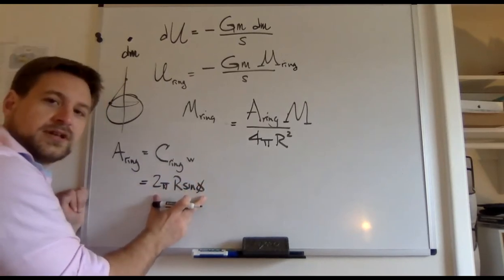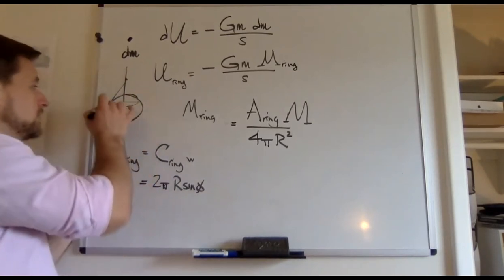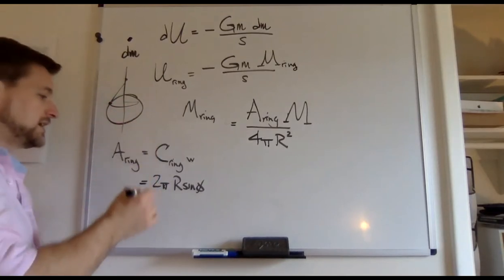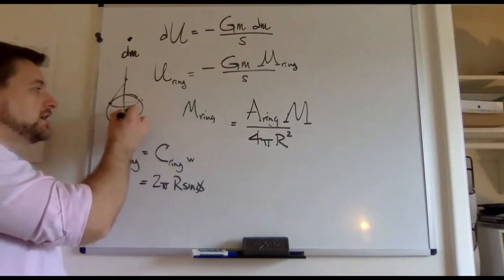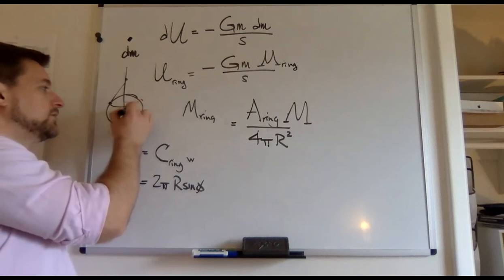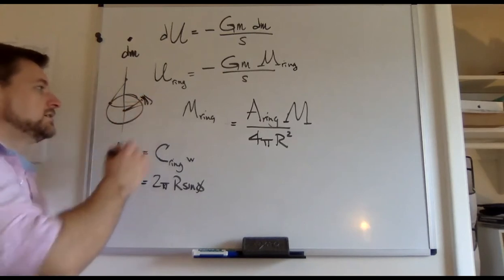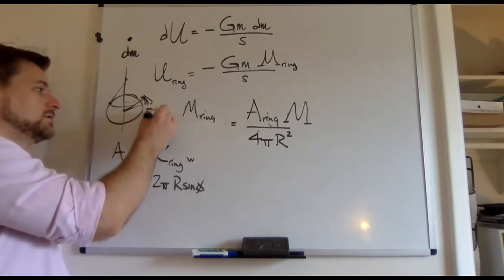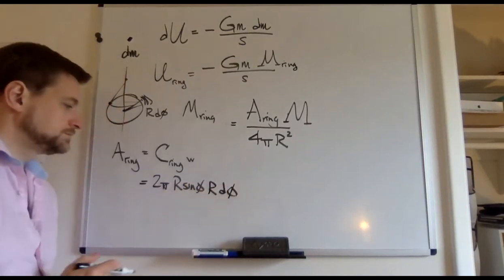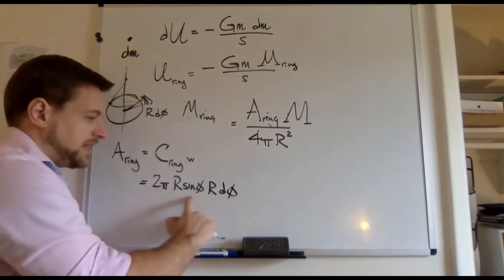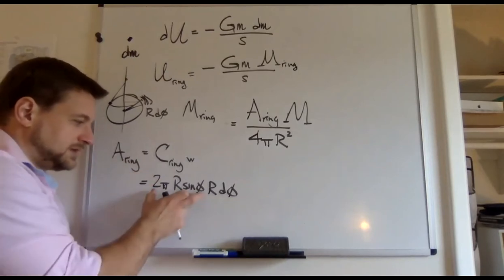Its width is the width of a little bit of arc length as we change the angle. I'm going to draw it big for effect. So here's the center. As we go from here to here, that arc length is r d phi. That is the area of the ring, a length times a width.